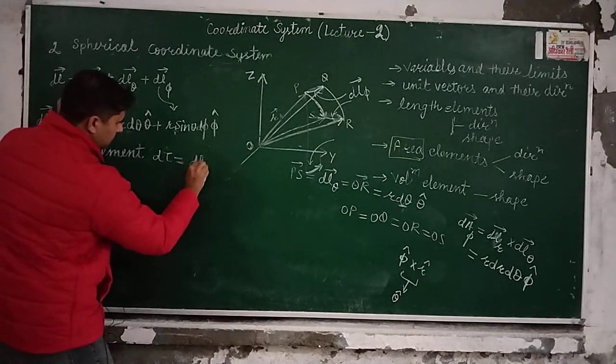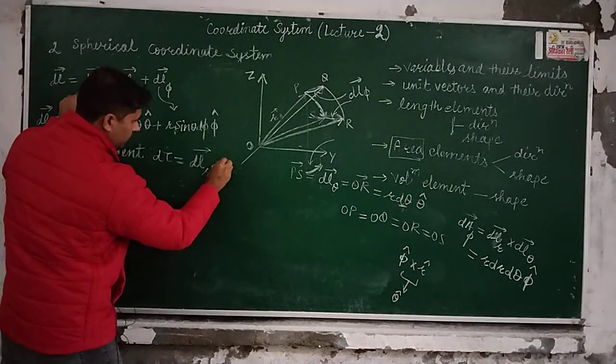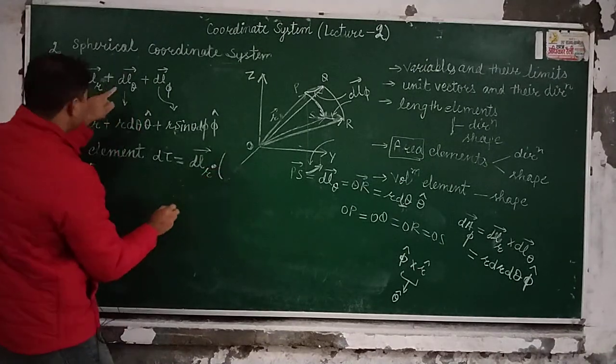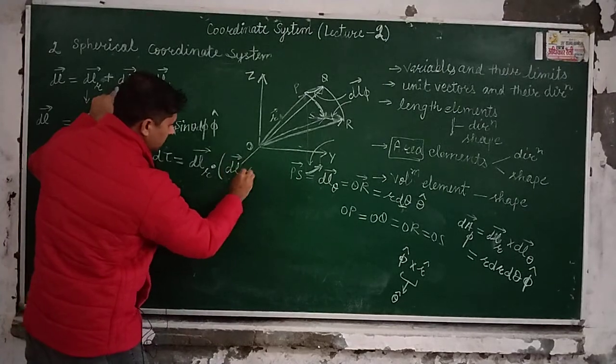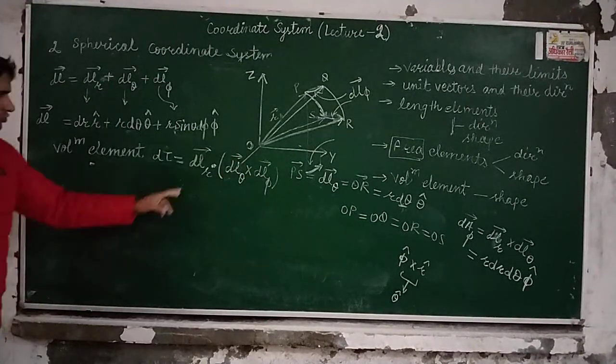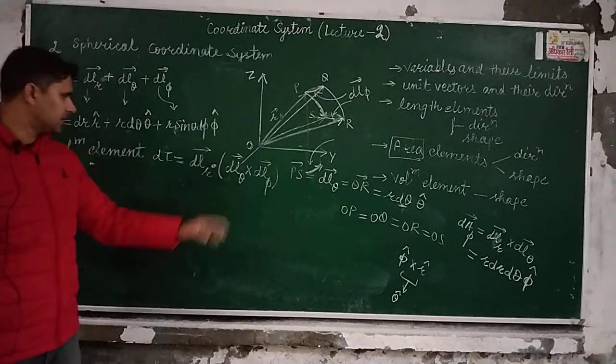So we can write it as vector dl r, its dot product with the cross of dl theta and dl phi. Here we will substitute the values of dl r, dl theta and dl phi.